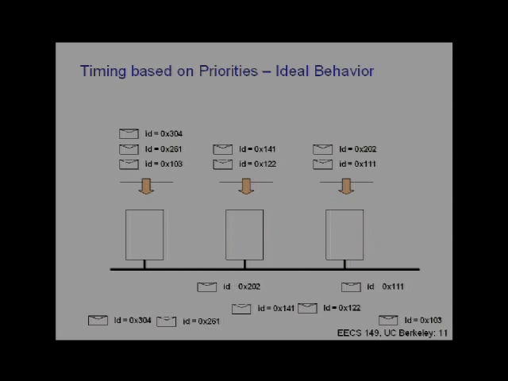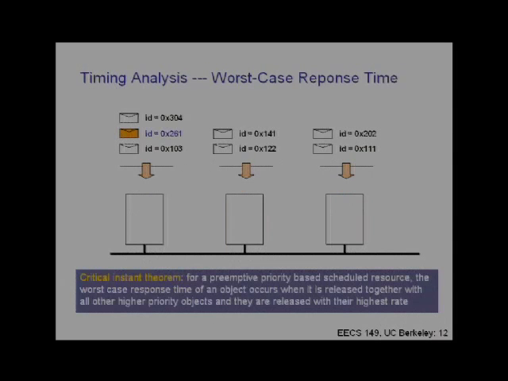So the goal is to compute this thing called the worst case response time. And the main theorem that we're going to use is for the preemptive priority scheme that we're using, in which a higher priority message will preempt the lower priority message. The worst case response time of an object, a message, occurs when it is released together with all higher priority objects and they are released with their highest rate.